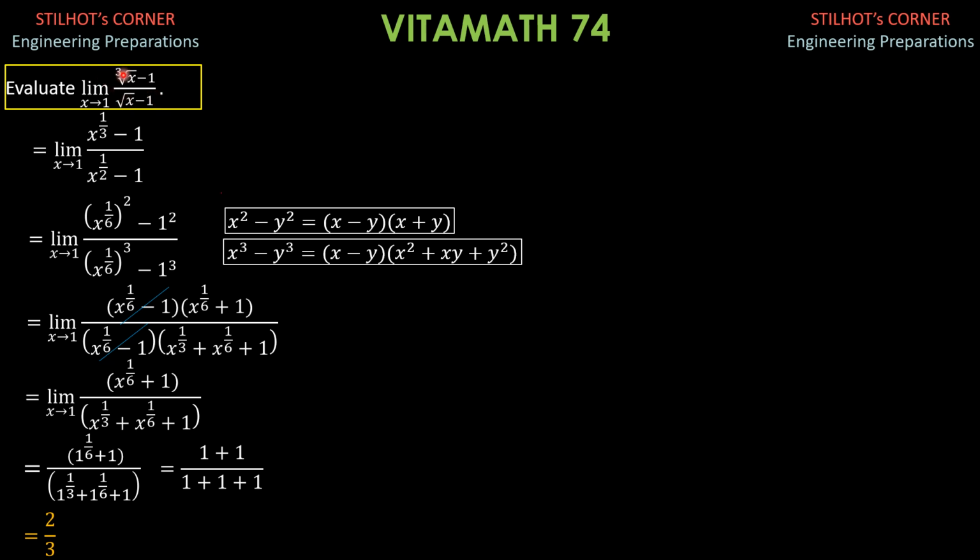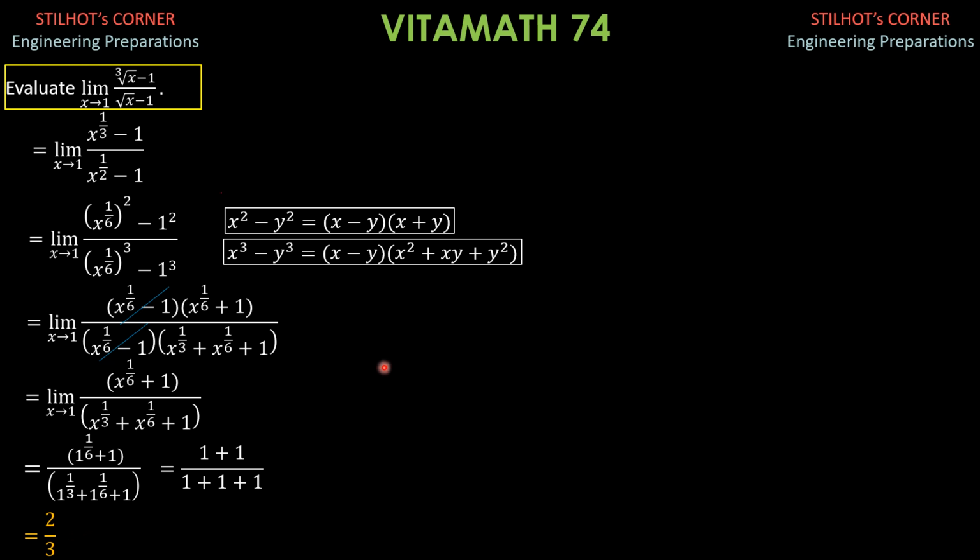So because this is of indeterminate form, the derivative of x to the 1/3 minus 1 is 1/3 x to the negative 2/3, and in the denominator 1/2 x to the negative 1/2, which simplifies to 2/3 x to the 1/6, and when x is 1, 2/3 times 1 to the 1/6 is still 2/3. So that's the other solution.